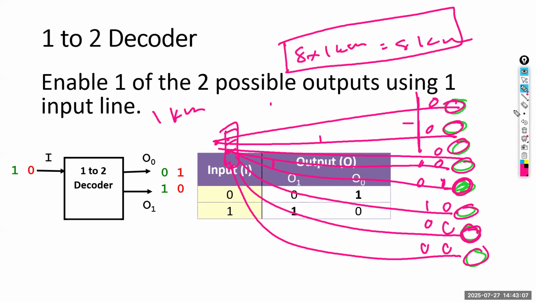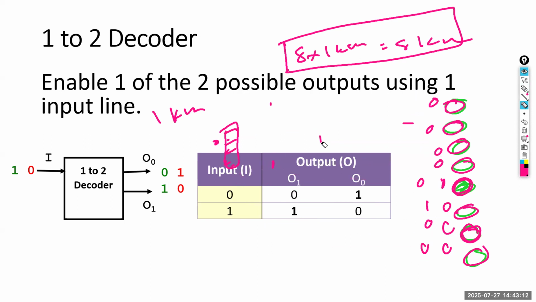See what happens. Say I have a decoder here, a 3 to 8 decoder, 2 to the power 3 is 8. So these are connected here. 3 to 8 decoder.